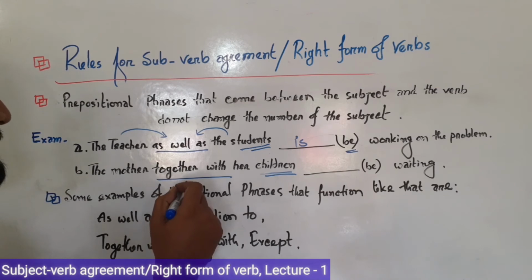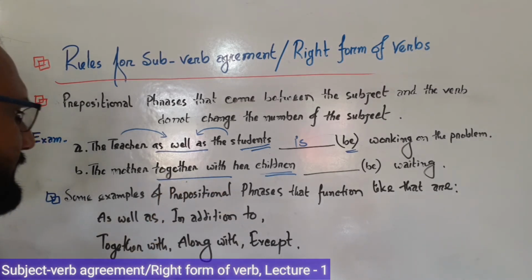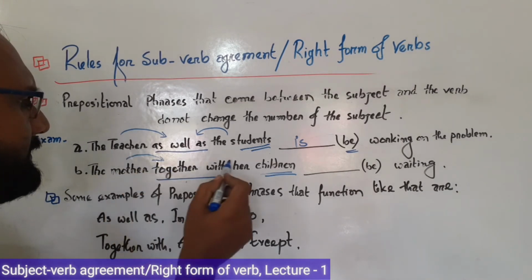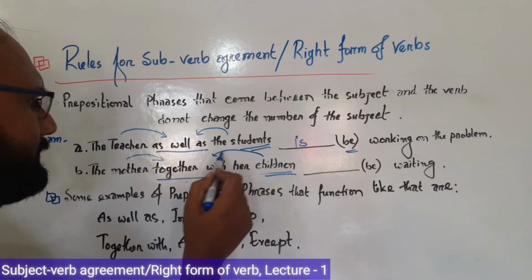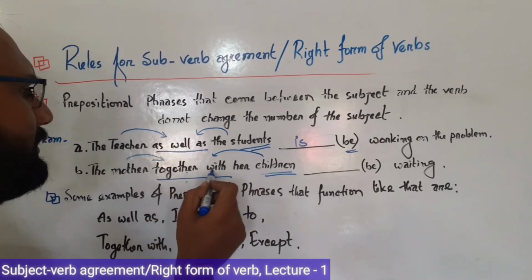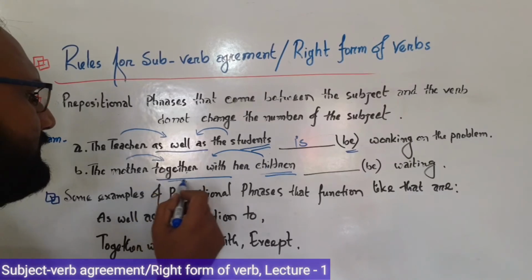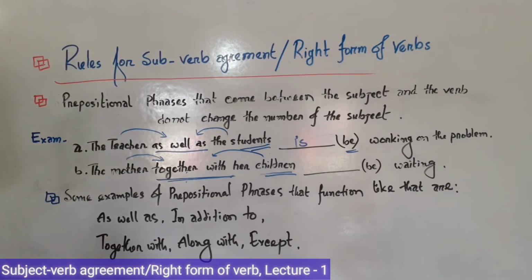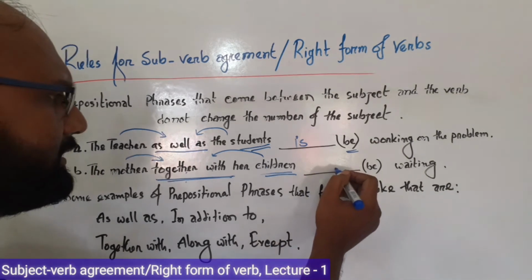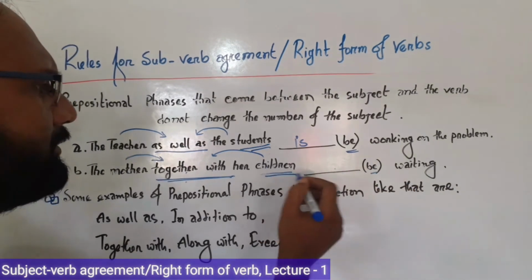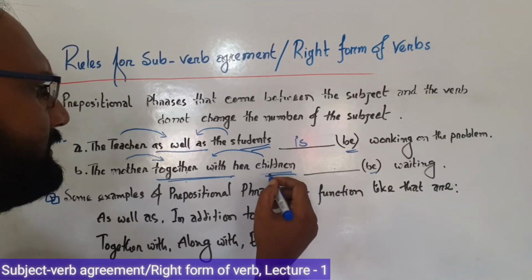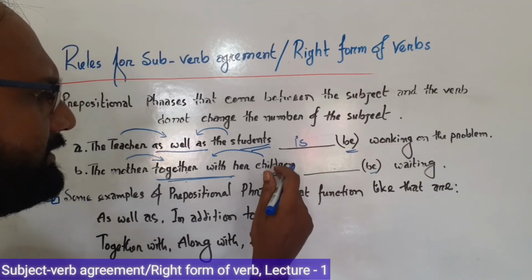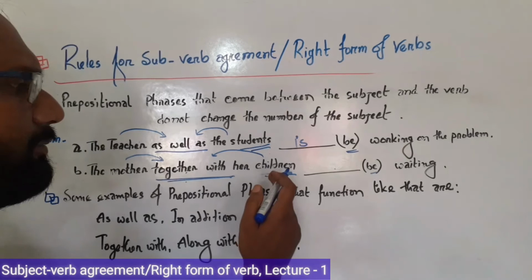Together with, between the subject and the verb, is a prepositional phrase. So we will use a singular verb here. We do not change the number of the subject because of children, which is a plural form.